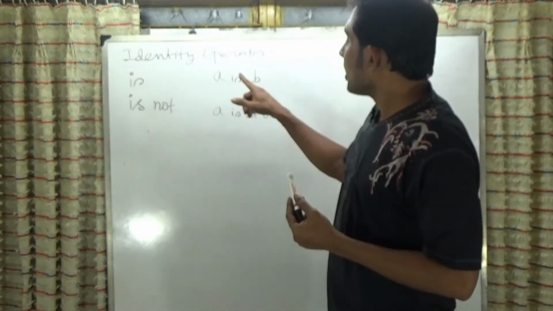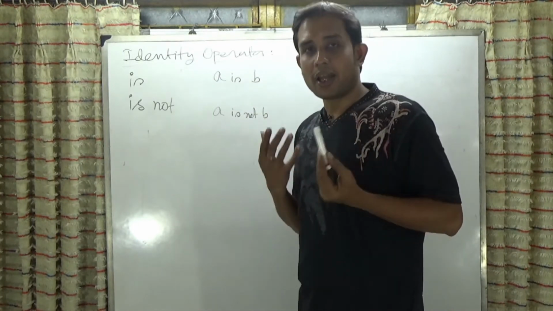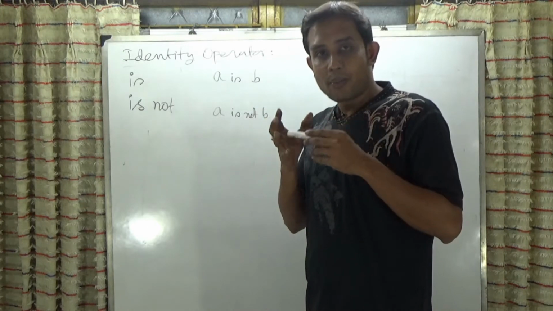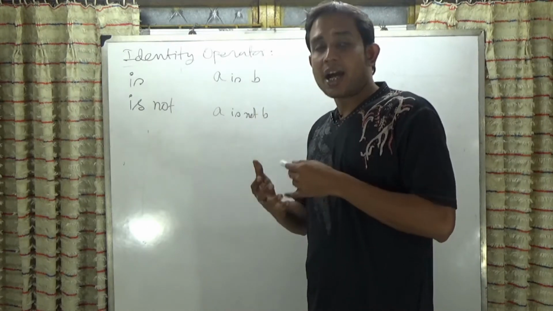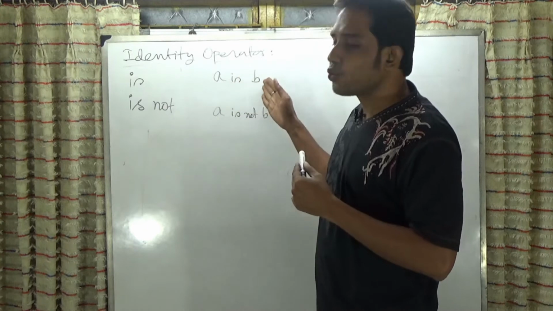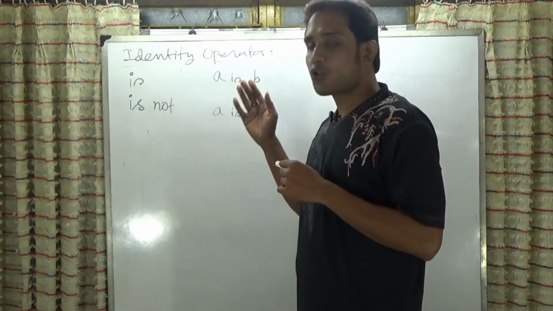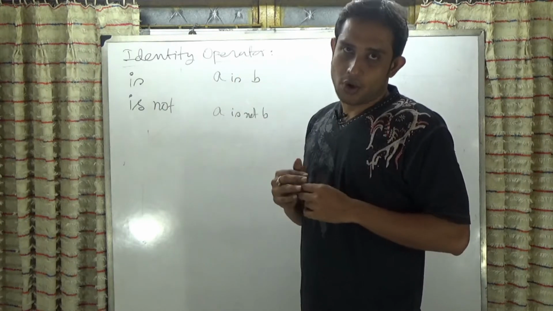So A and B hold some values, and if the memory locations or references are the same for these two values, then it returns true, otherwise it returns false.